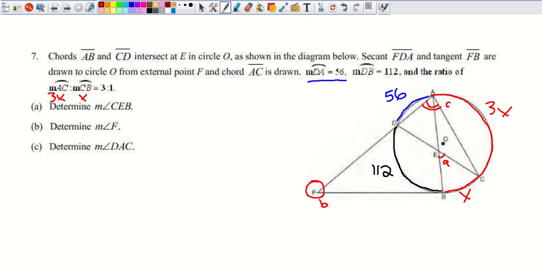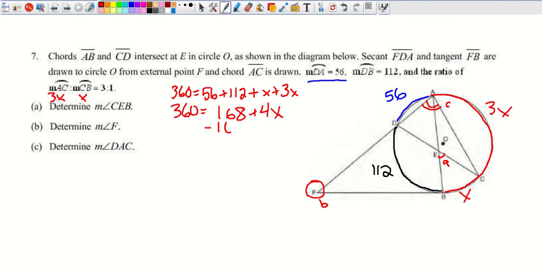Okay, so we know that's the whole circle. So 360 is equal to 56 plus 112 plus x plus 3x. And if you want to combine some stuff together along the way and make your equation a little bit smaller, go for it. We're going to get 168 plus 4x. All right. We're going to subtract that 168 away. And we're going to end up with our answer.